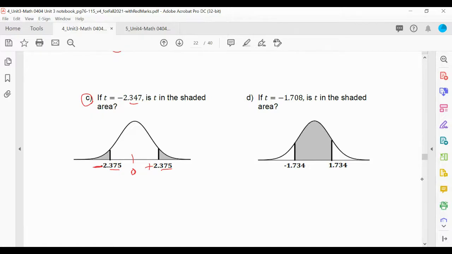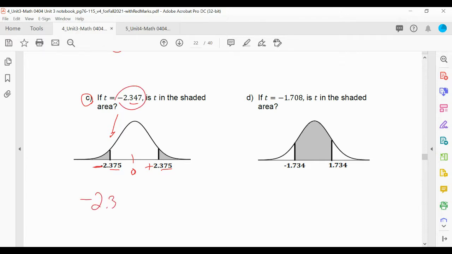They're both negative 2's, so I know it's somewhere over here on the left-hand side. Let's compare 347 to 375. Well, 375 is larger in quantity, but since it's negative, remember that would be smaller, so it's actually to the left. So this one would be larger if we're comparing.